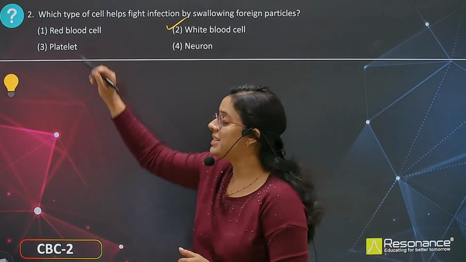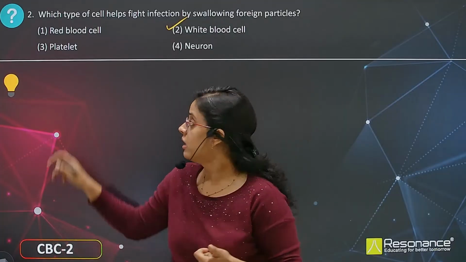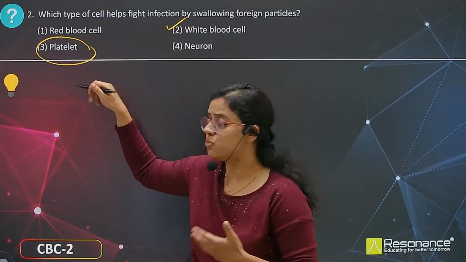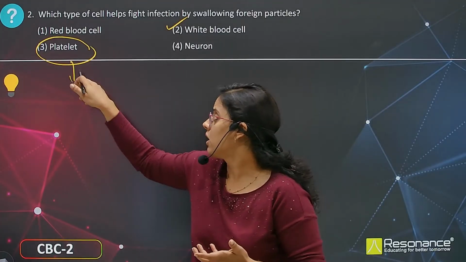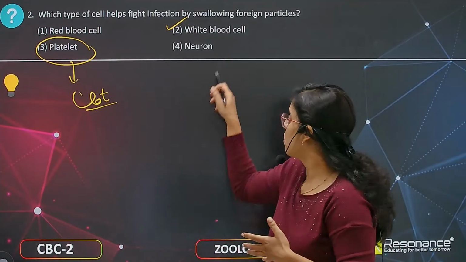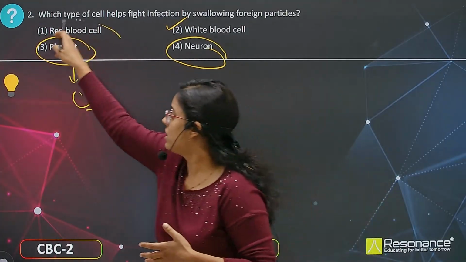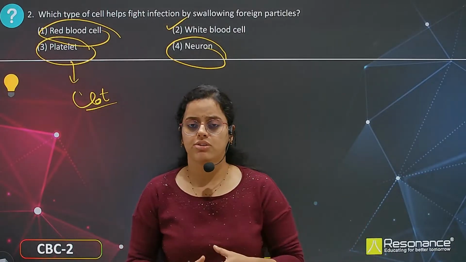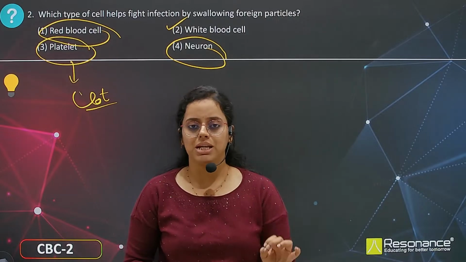Now coming to the red blood cells, they carry oxygen and carbon dioxide for exchange of gases. Platelets are helpful in clot formation in injury. Neurons carry the signals. So all these three are not the correct option. Here the foreign particles are engulfed or swallowed by white blood cells.